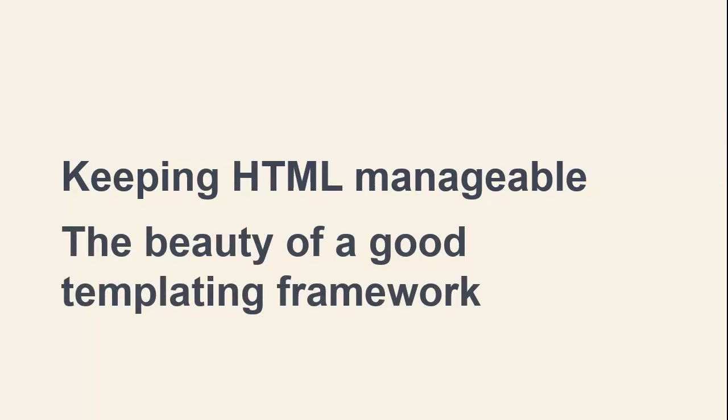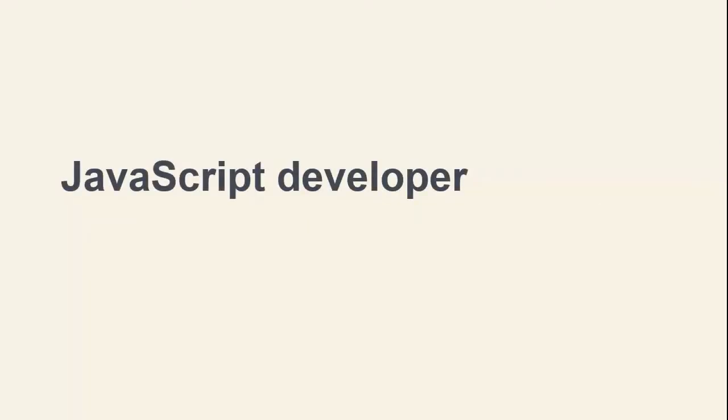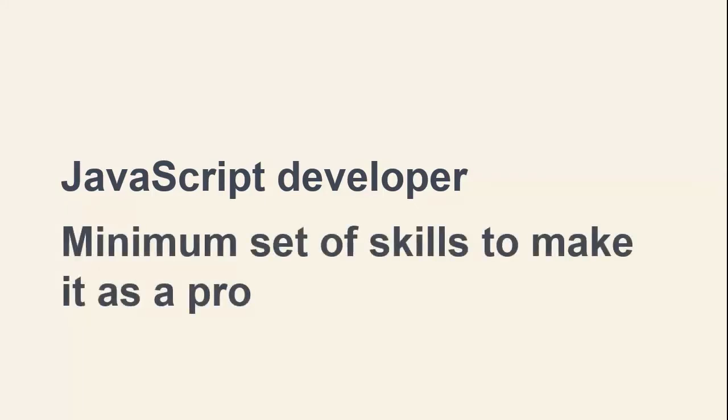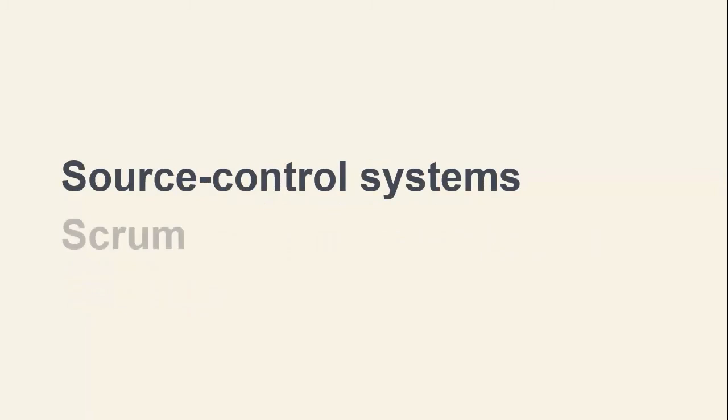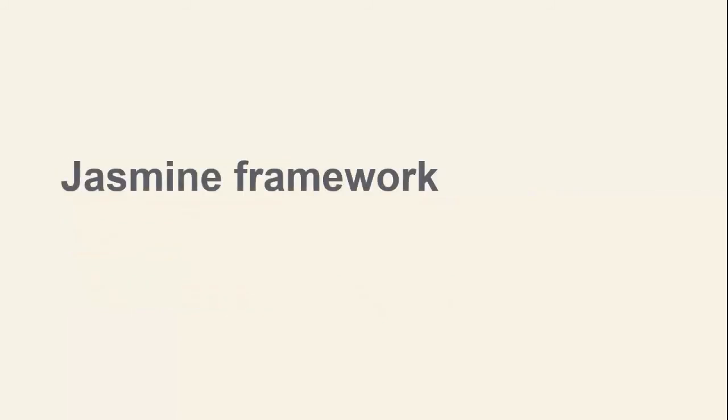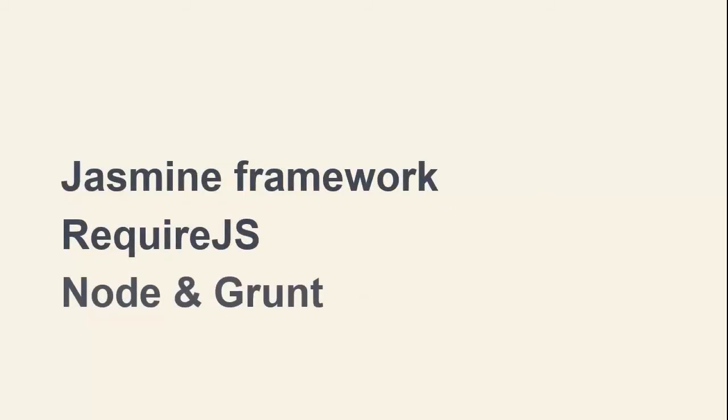If you're aspiring to be a JavaScript developer, the tools and techniques shown in this course are probably the minimum set of skills that you're going to need to make it as a pro in today's marketplace. None of the things that we'll cover are completely bleeding edge new. Some things, like source control systems, Scrum, and clean code practices, have been around for decades. Other things like the Jasmine framework, RequireJS, Node and Grunt have been on the scene for a few years at least.